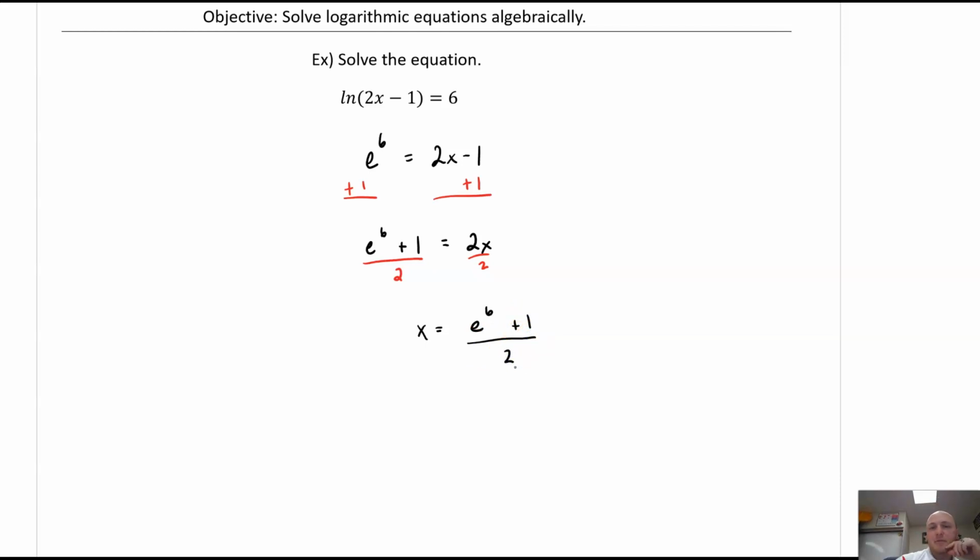And in this case, if I plug it in, this value is positive here, e to the 6 plus 1. So if I go ahead and plug it in, we're going to get a valid answer. It is positive.